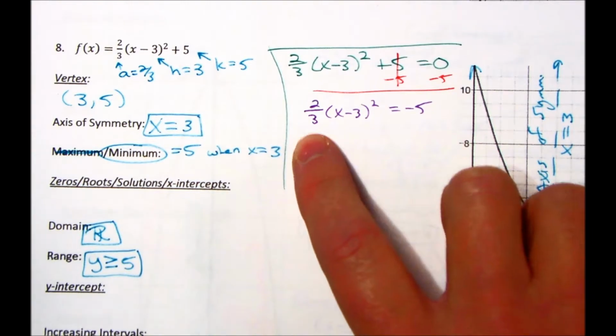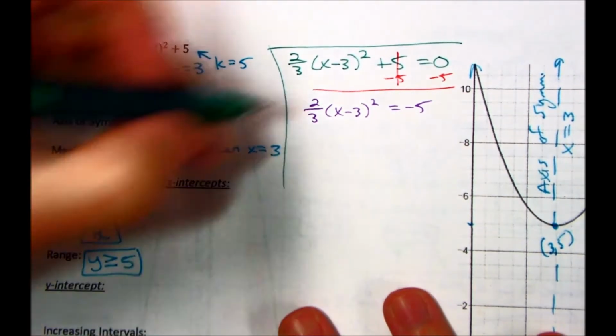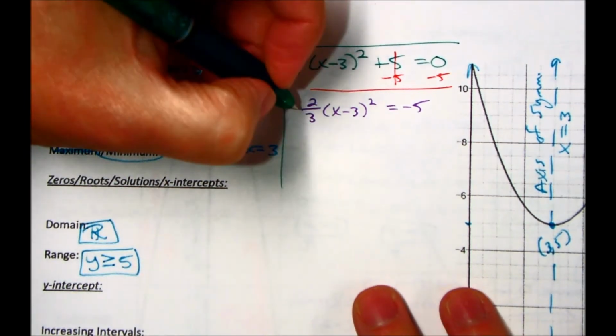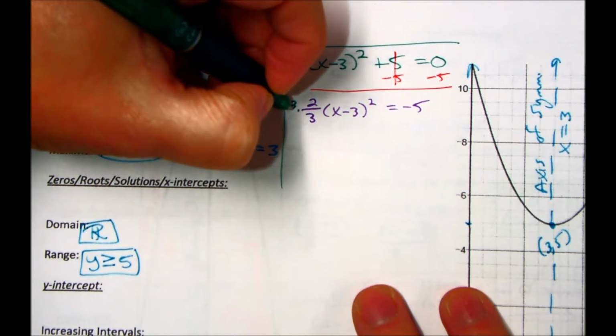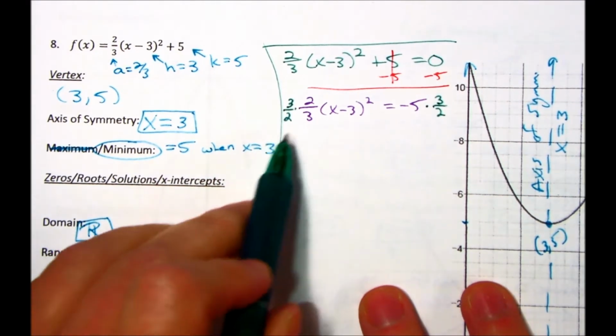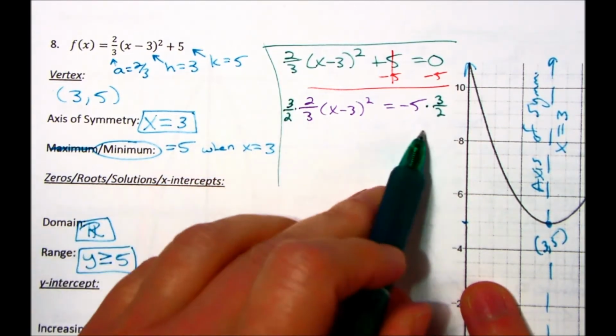The next thing we want to get rid of is this 2/3, or eliminate. So you could do this in 2 steps. You could multiply both sides of the equation by 3, or multiply by the reciprocal of 2/3, which is 3/2. So I could multiply by 3 and then divide by 2, or just multiply by the reciprocal.